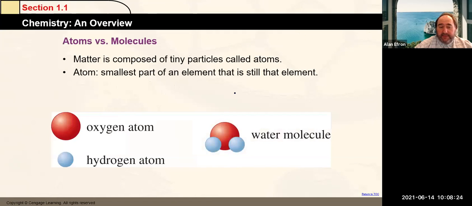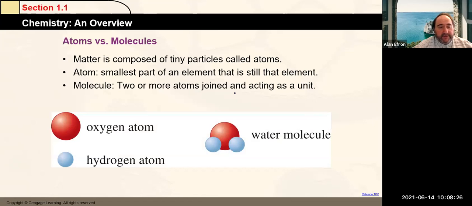So let's start talking about some of this introductory stuff. Matter, as we just talked about, is basically composed of tiny particles, which are atoms. Atoms are the smallest unit you could have for an element, the basic building block of an element. If you have iron, you would say you have an iron atom.